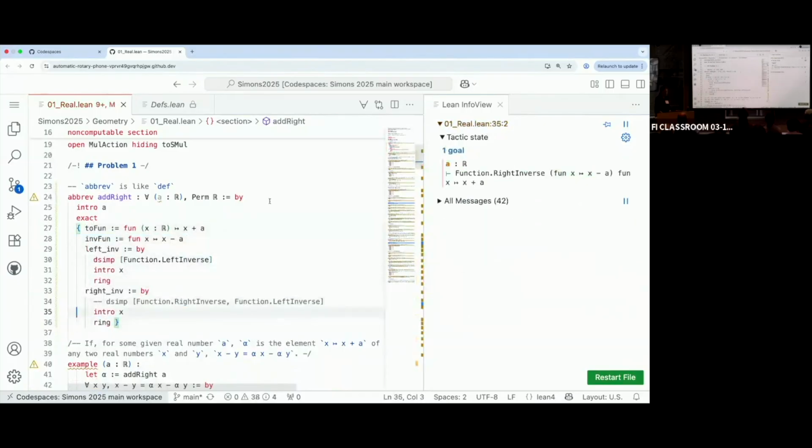So this works. If I say for all a, I have a permutation, then to get rid of the for all, I need to intro the a. So it's just a matter of whether it somehow comes before the colon or after the colon.